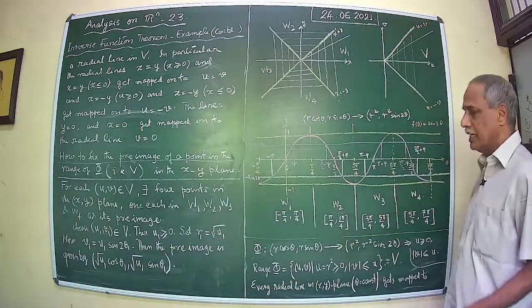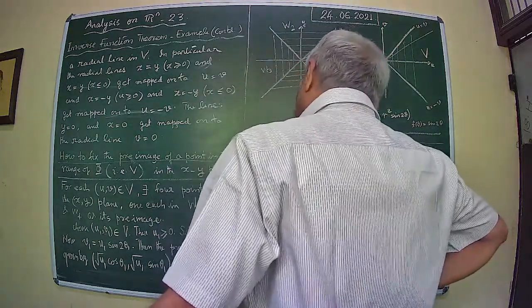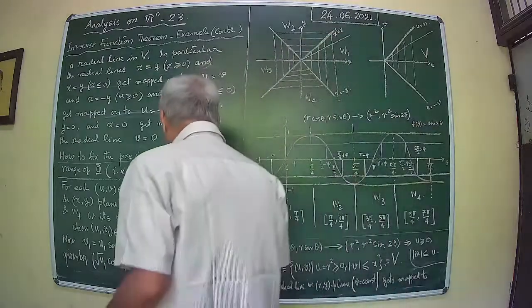So you see, you can see that there are 4 possible choices that you can make for the theta 1.